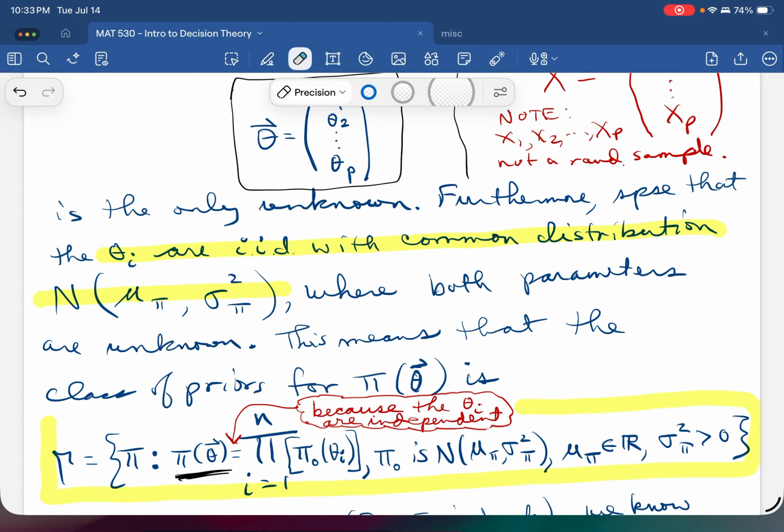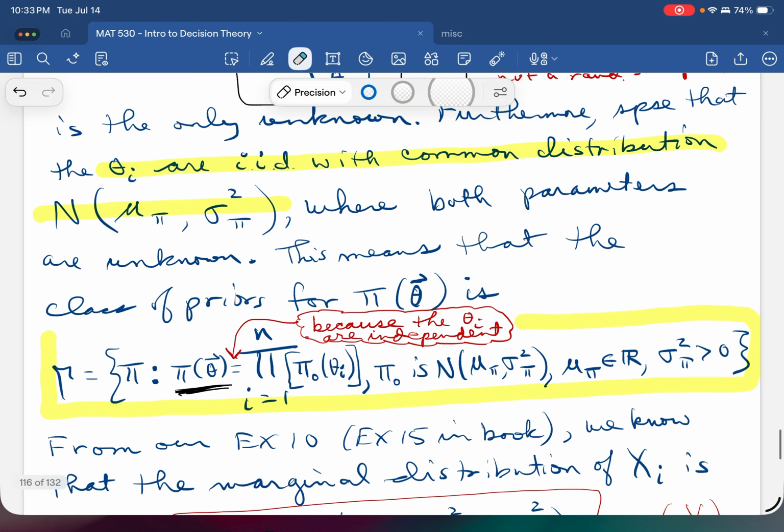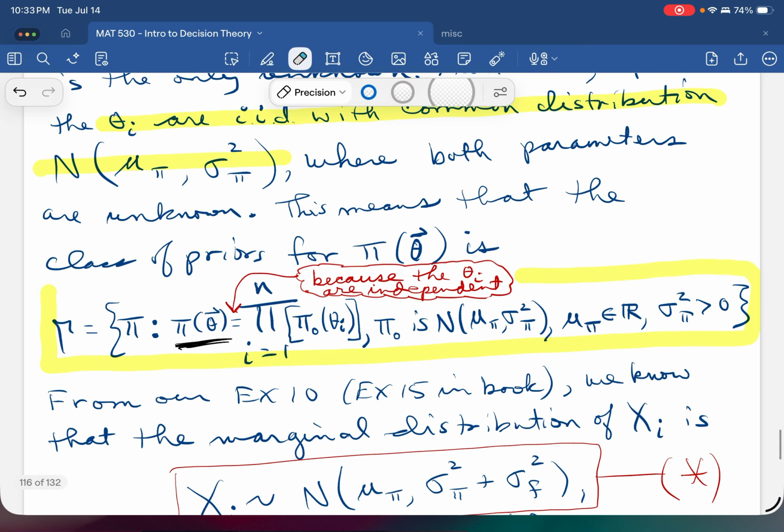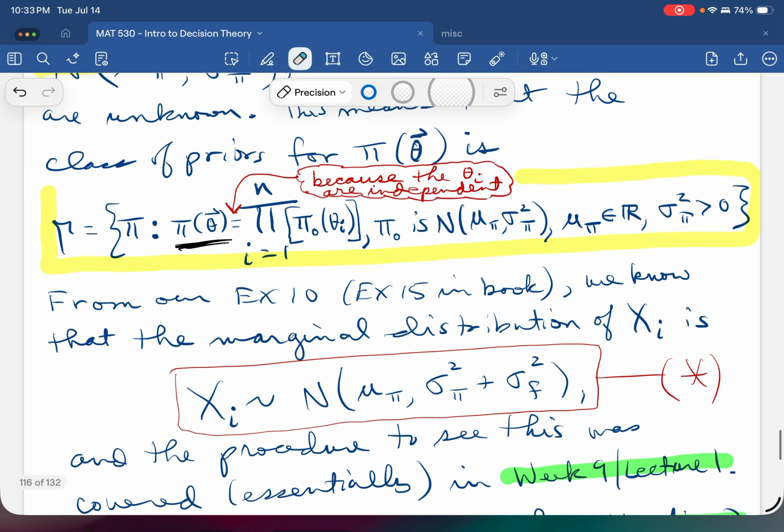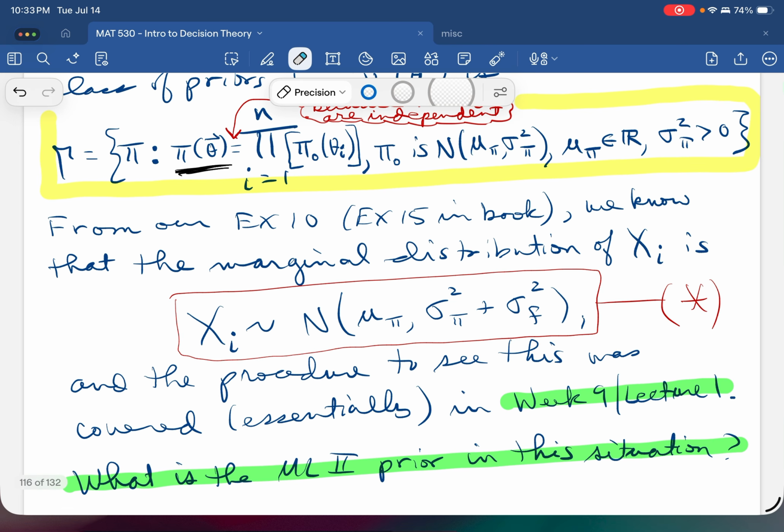And those again are what we need to choose. In fact, they serve as an index to our class of prior distributions. And so we want to choose these parameters using the ML2 method.